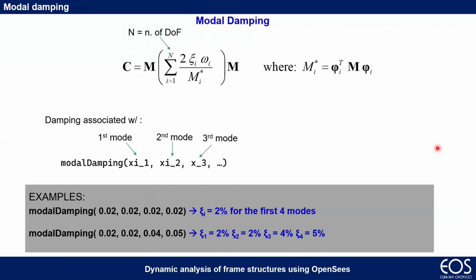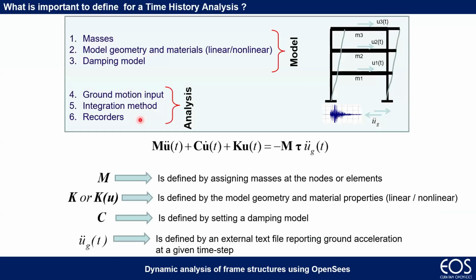Typically it's a problem for high-rise buildings, where you don't want higher modes to have a predominant weight during the analysis. Other questions? Online? Okay, if you don't have questions, let's go back to this.